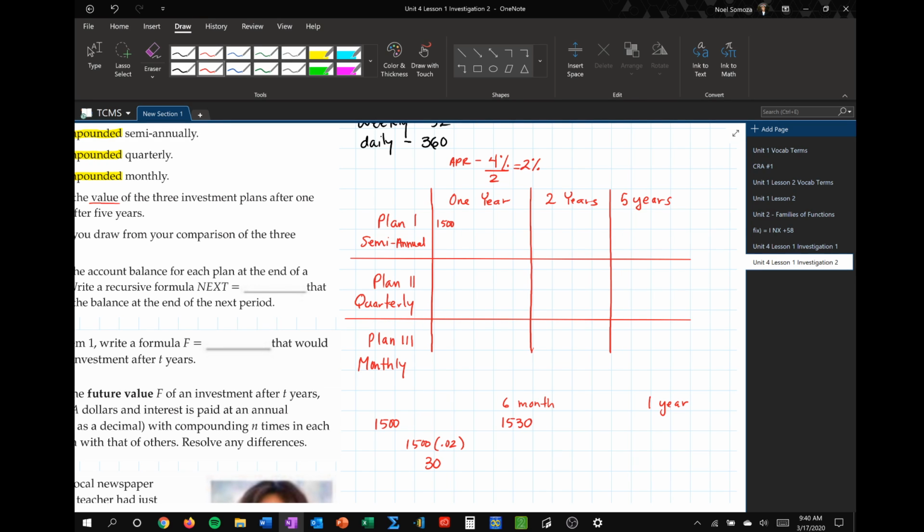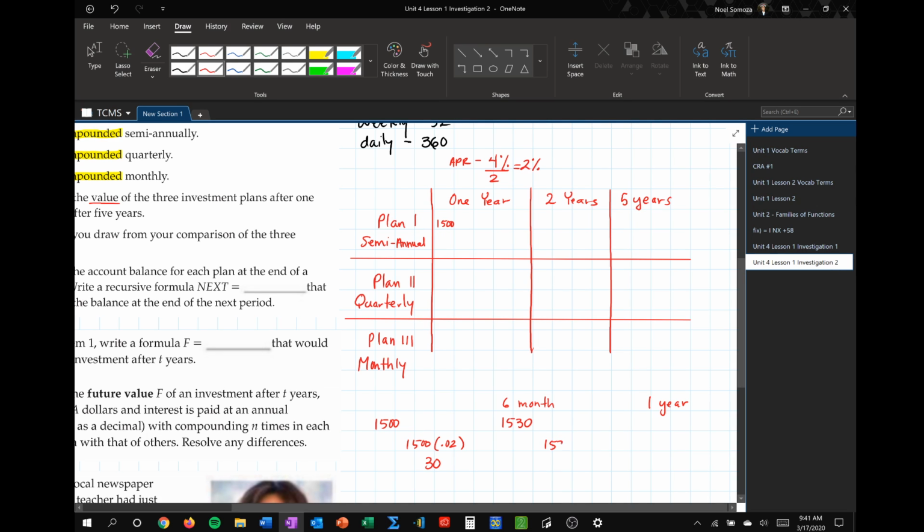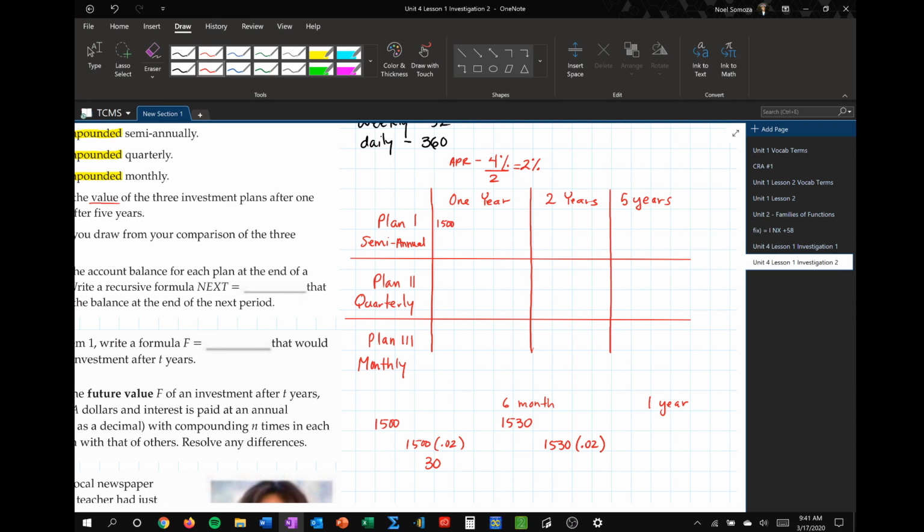It's done twice. However, now my new balance is 1,530, not 1,500. This is why compound interest is a little bit better, because after the first payment, they start giving you more interest on what you currently have, not what you started with. So here's how compound interest works: they take 1,530 and multiply it by 0.02. 2% of 1,530 is going to be bigger than 2% of 1,500, naturally.